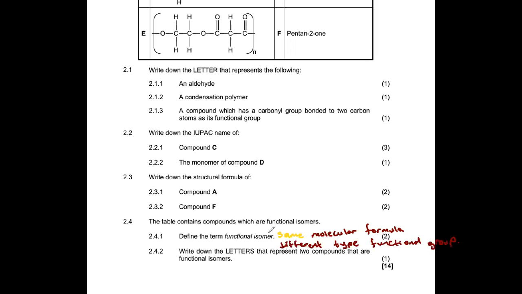So organic compounds with the same molecular formula, but a different type of functional group are called functional isomers.